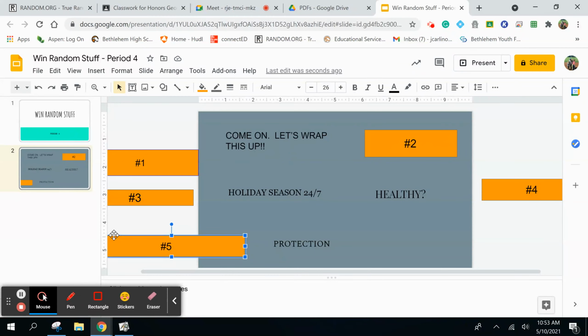Don't care if it fits or not. There you go. It's out of my possession. Protection for the phone or whatever else you can fit in there. Off the board. We'll find out what holiday season was in a couple minutes.